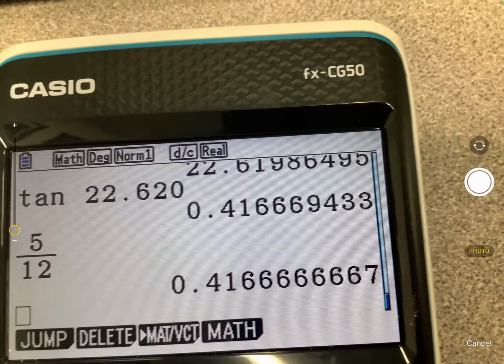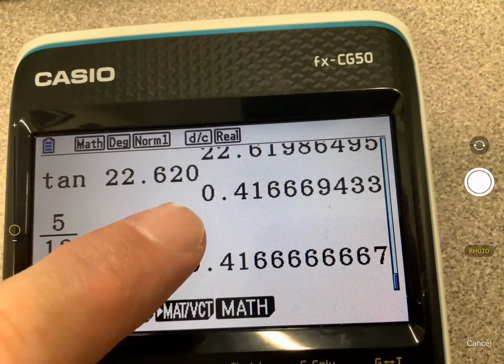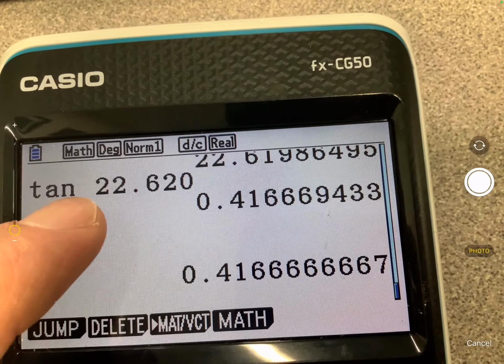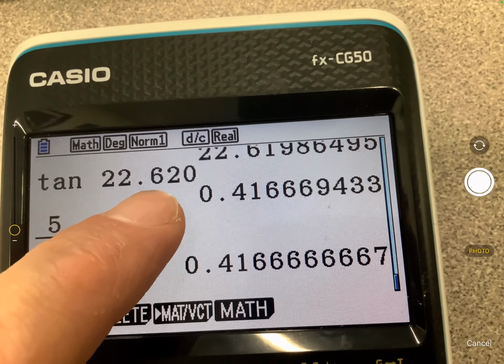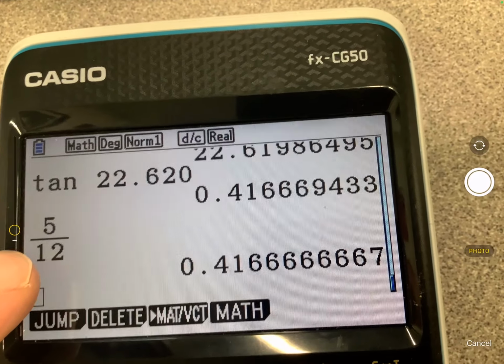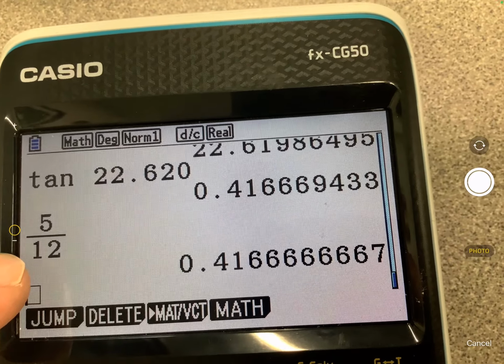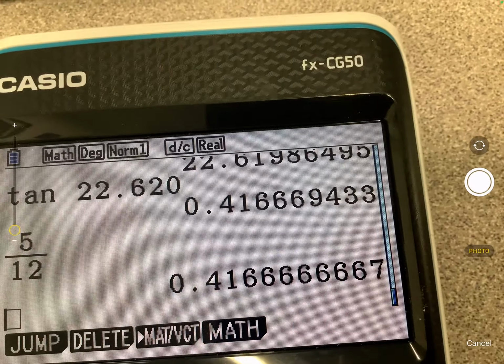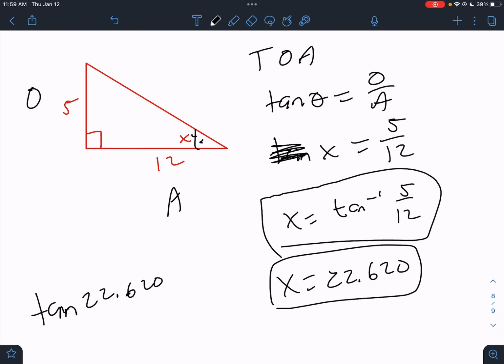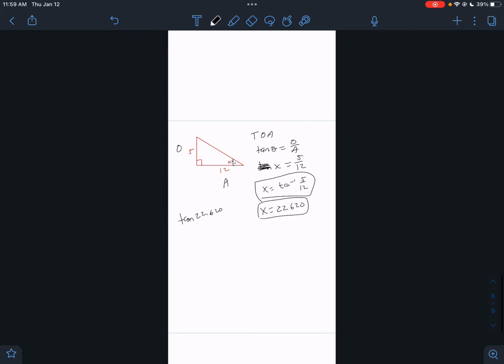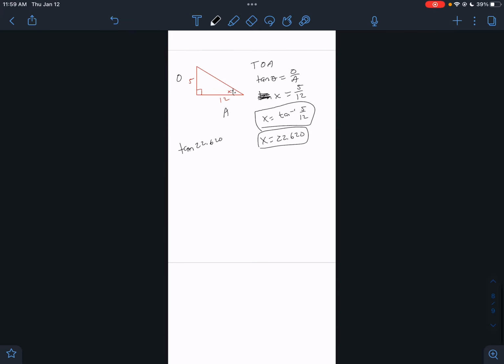Boom. Why is it a little bit different? Going back up here, I rounded. But a 22.620 degree angle must have a ratio of 5 over 12. Has to. Every single one of them does, because every triangle with those angles is similar. They're going to have the same ratios. So there you go. There's the lesson, guys.